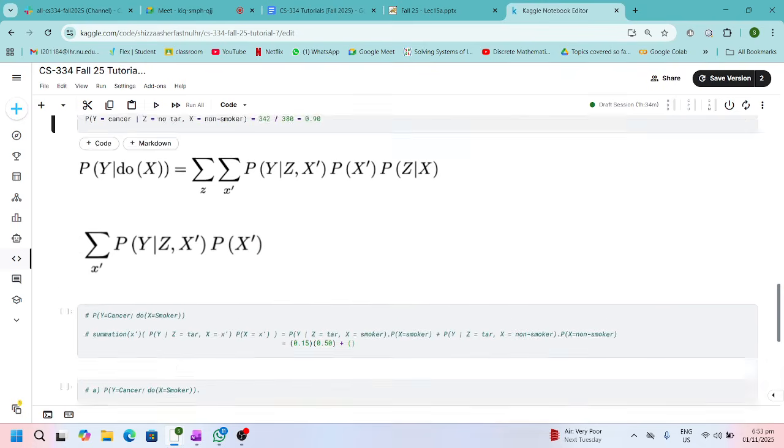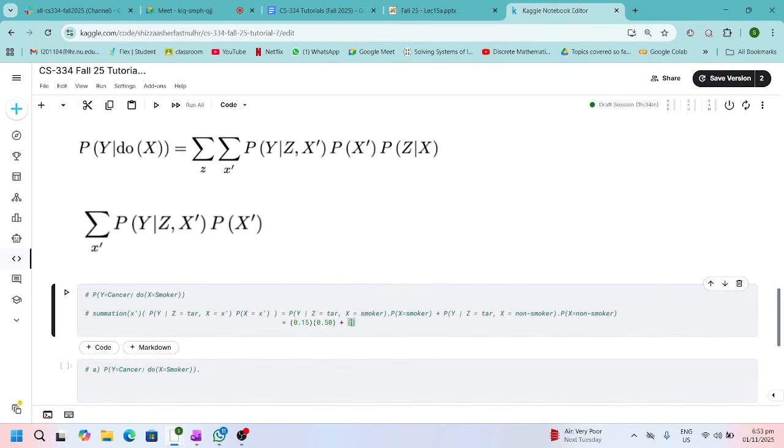This was 0.95, multiplied by, again, the probability of non-smokers, which is 0.5. So I will compute this: it is equal to 0.075 plus 0.475, which is equal to 0.55. To be very clear, we have only calculated the inner sum so far.